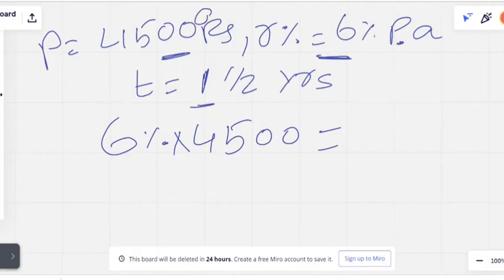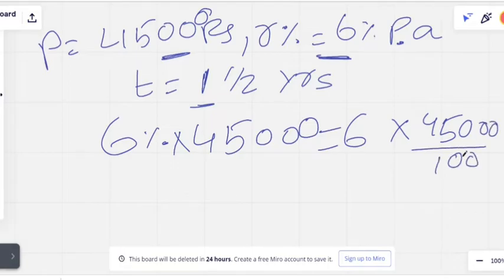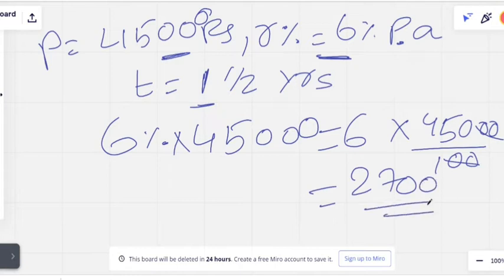What is 6% of 45,000? If you are confused, directly give a step, don't hesitate. 6 into 45,000 by 100. We can cancel these two zeros, so 45 into 6 is going to be 2,700. So this is the amount for 1 year, but we want 1.5 years.